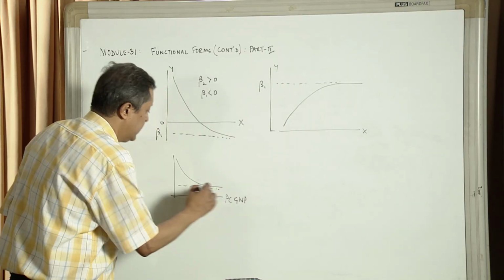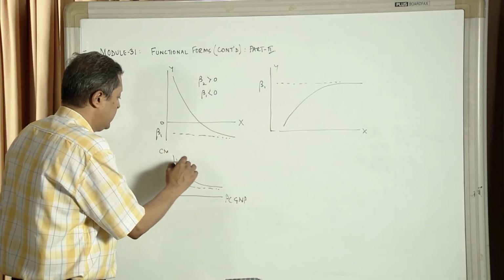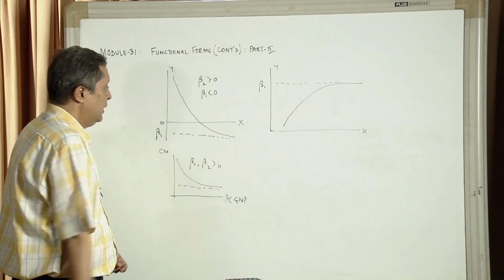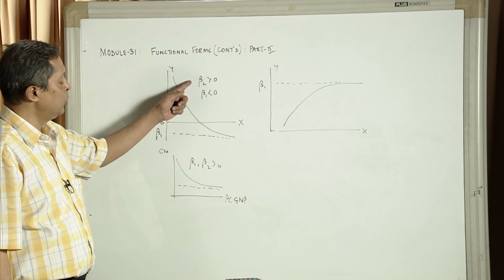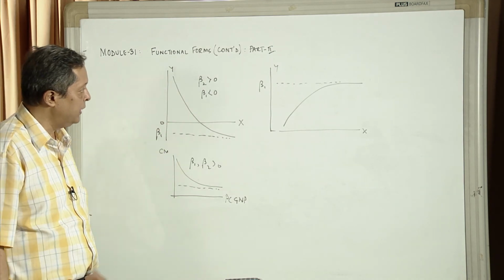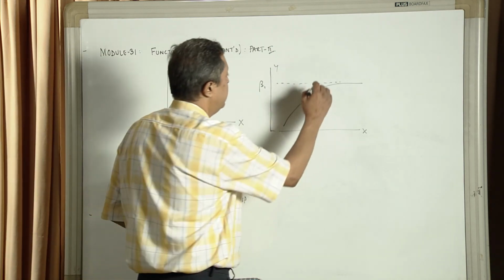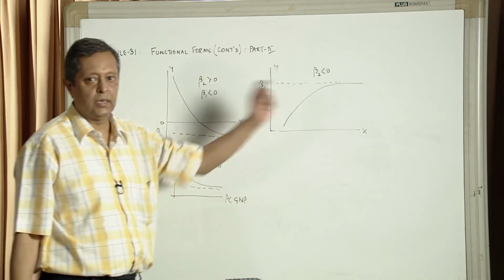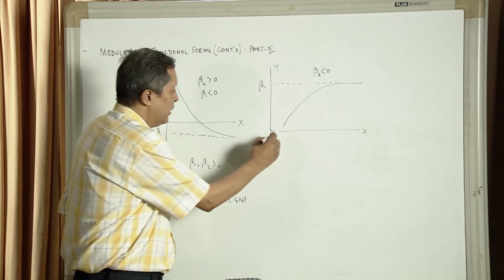So, this is the case where both beta 1 and beta 2 were positive. If beta 1 is negative, but beta 2 is positive, then this is the kind of graph that we get, whereas if beta 2 itself is negative, then that is the third example that we get.